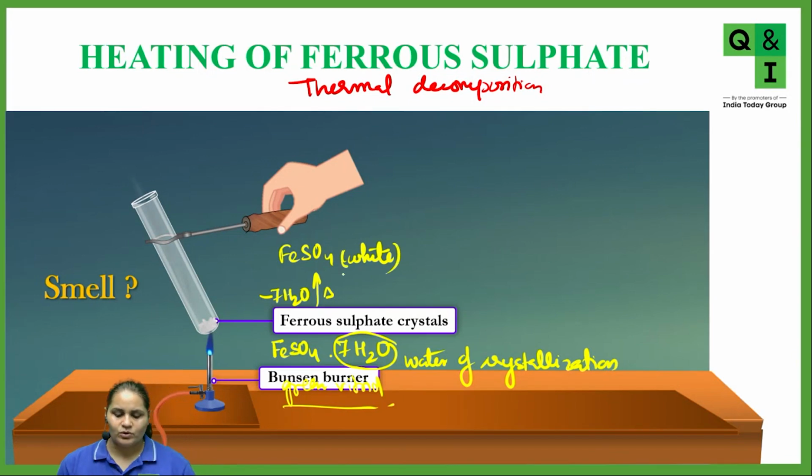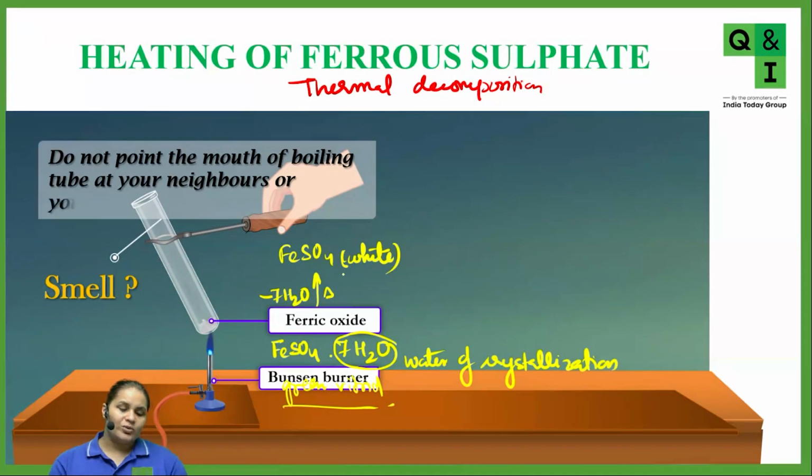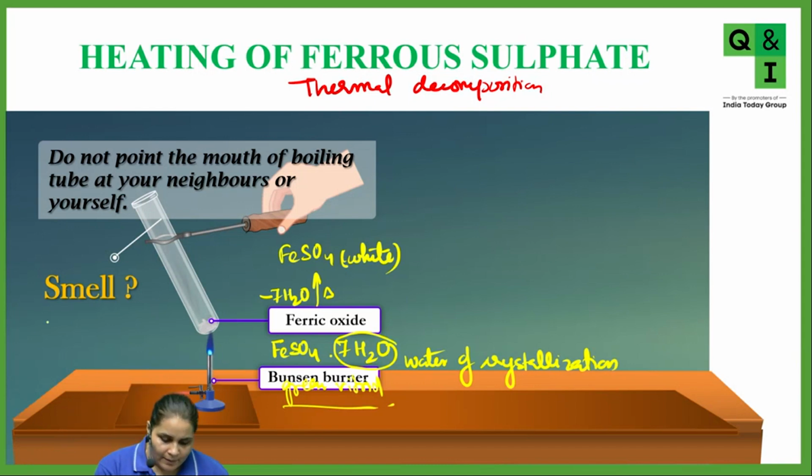Okay, the crystal becomes white. And now you have to smell also. So what kind of smell do you get? You get an unpleasant smell, a smell like burnt matchstick.